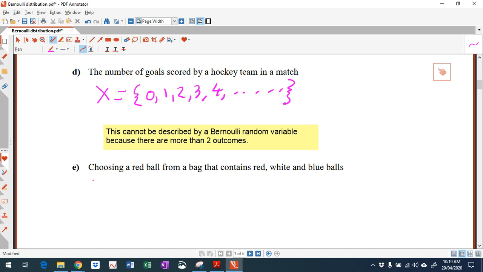Now, next one, choosing a red ball. We've got red, white, and blue balls. Choosing a red ball is our success criteria. So we can describe this as 0 and 1, where obviously 1 is choosing red and 0 is not choosing red.